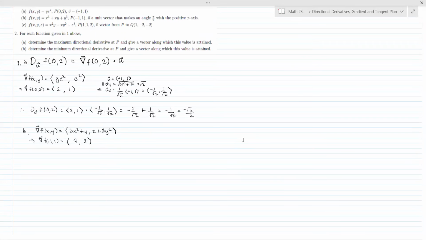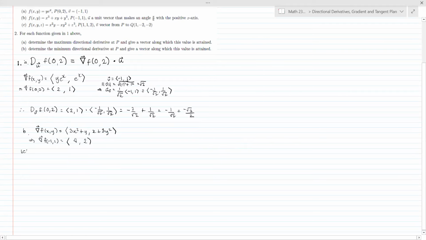Let's say u is a vector with components u1 and u2. You need to find the values of u1 and u2 such that the angle with the positive x-axis is pi over 6. What vector represents the positive x-axis?